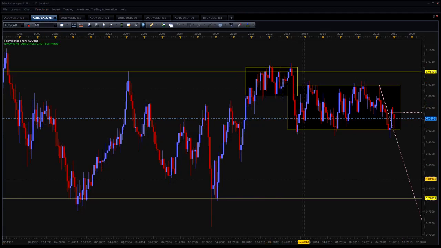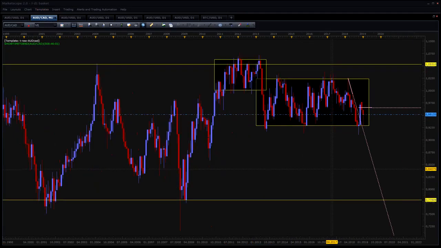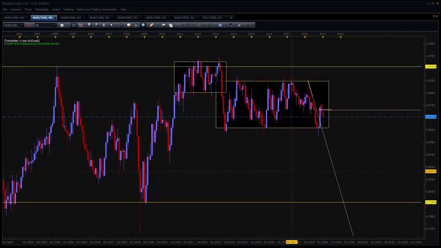Right, like we said, consolidation. Consolidation within consolidation within consolidation. Here's the resistance level the market was faced with. Turn around. But then here's the support level the market was faced with, and then pull back up again. That's a monthly chart. We go to the weekly.